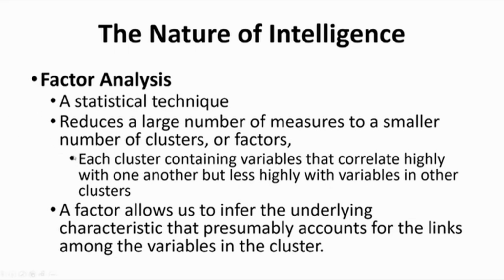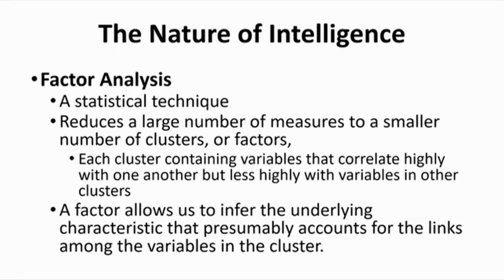And so just like we said before with the clusters, each cluster that makes up a factor should contain variables that correlate highly with each other, but don't correlate highly with variables in other clusters. So we can consider them separate from each other.